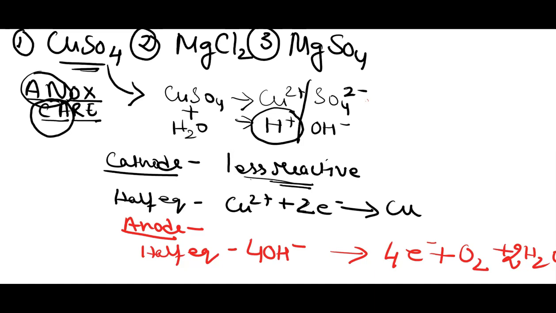So if we combine these 2 half equations, the product that will be formed will be copper ion plus 4OH minus plus 2 electrons gives you 4 electrons plus O2 plus... we can just make it a bit better.